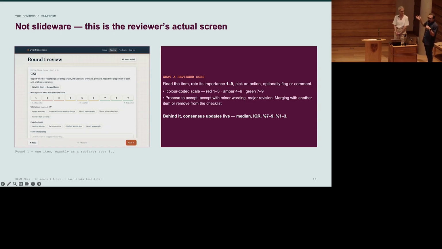You can merge with another item or propose the merge. And you can also report if you want to remove it from the checklist. And perhaps there is an optional part. For instance, I know that some of those items might feel like too much when we want to write. So behind the scenes, we will try to make this consensus.